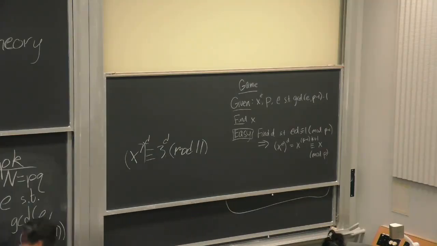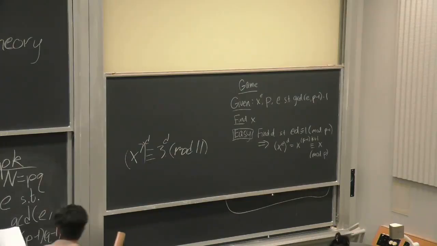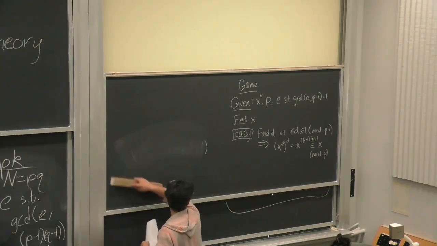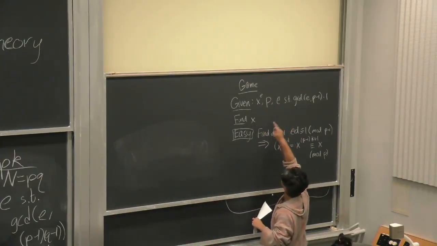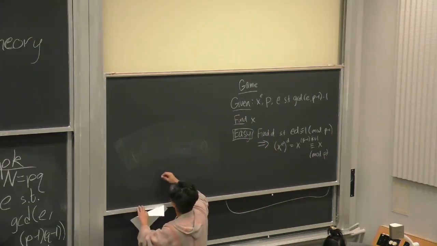What's a little scary about that is, well, that was easy. What if this is easy too? What if someone can just break the crypto system? Because the game is: given x to the e, p, and e, can you find x? And RSA is very similar.